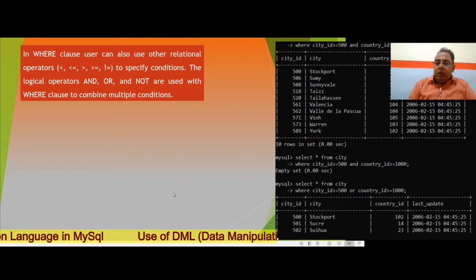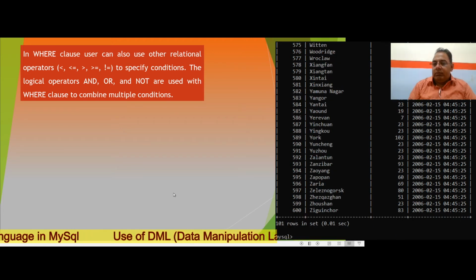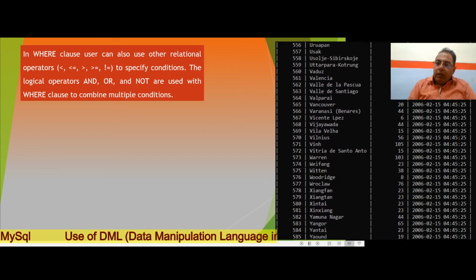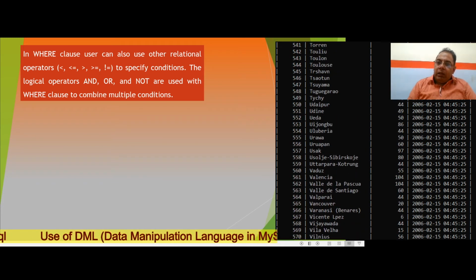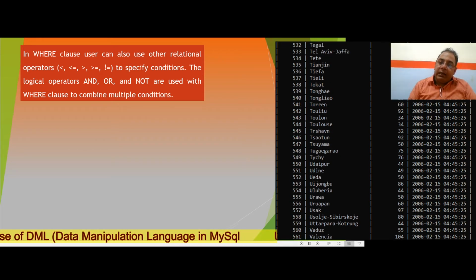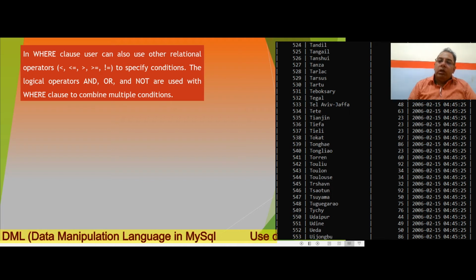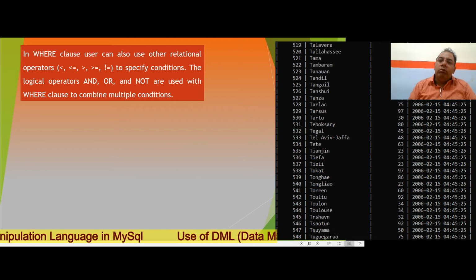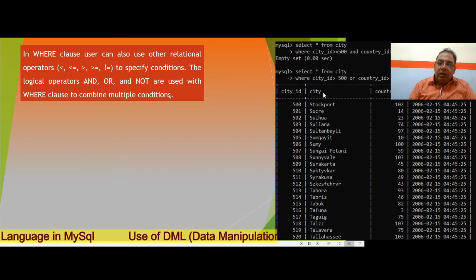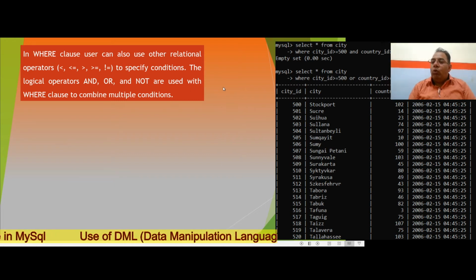Here it displays all the records with the condition city id greater than or equal to 500 or country id greater than or equal to 1000. If at least one condition out of two is true, it will display all the records.